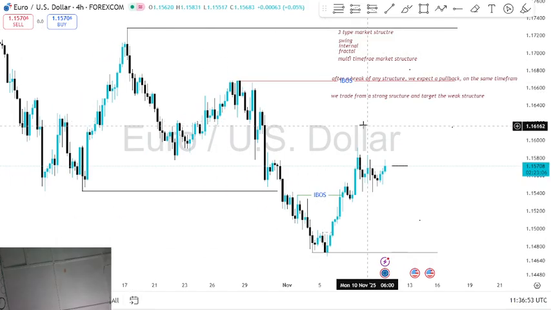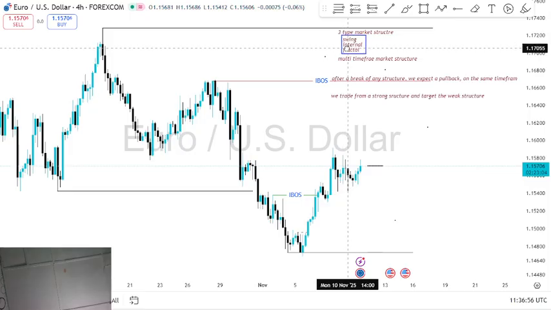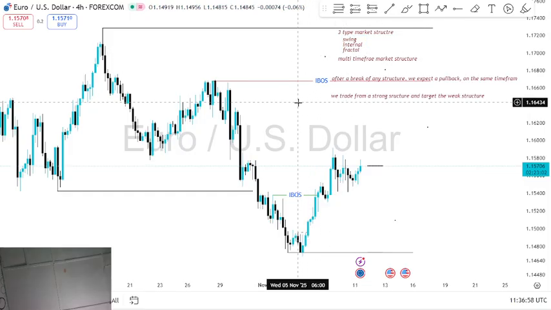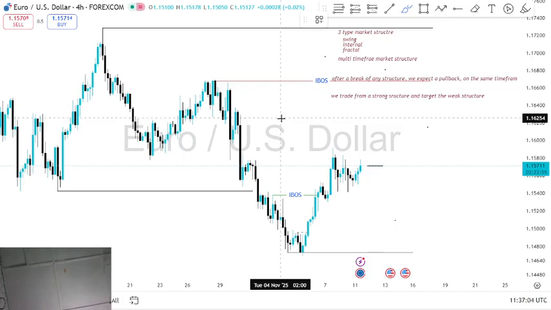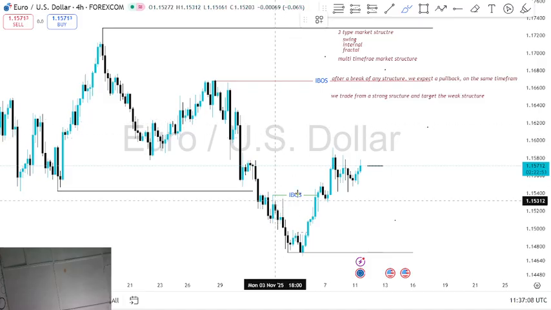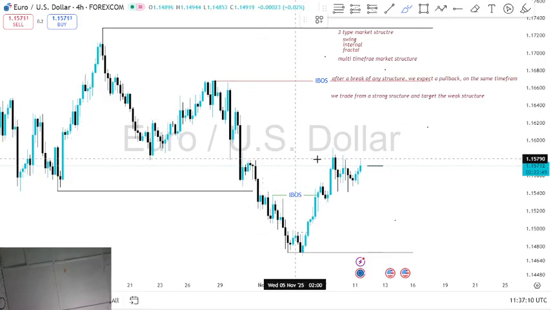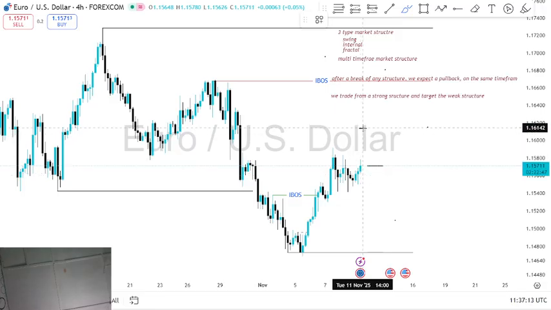So looking at what I'm explaining here, now I'm trading the pullback of the swing structure, because this one has broken. So we are trading the pullback of the swing structure.